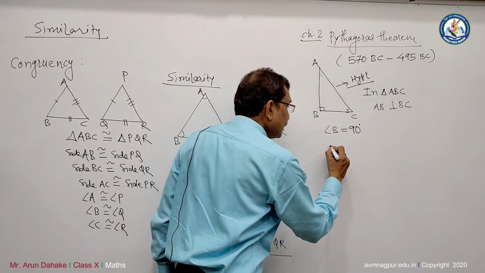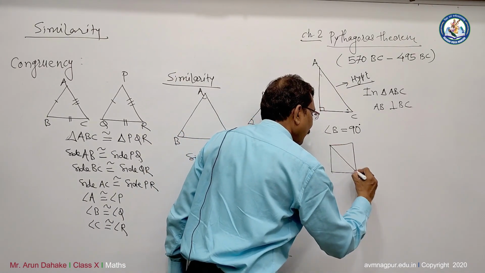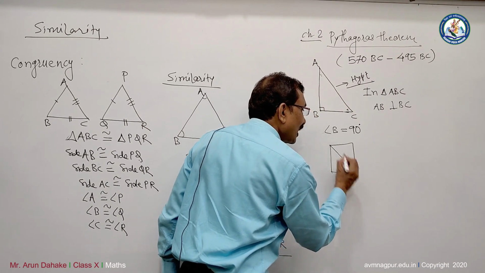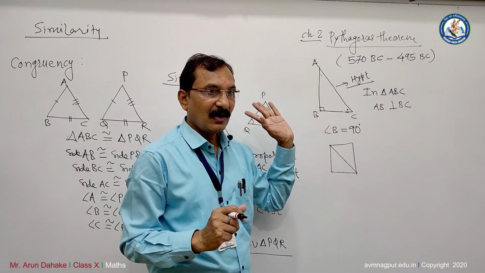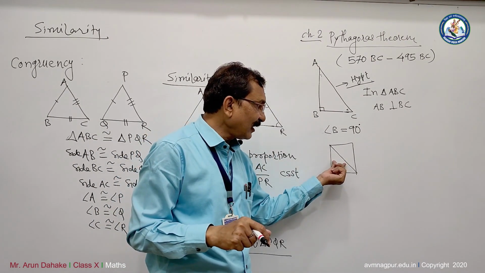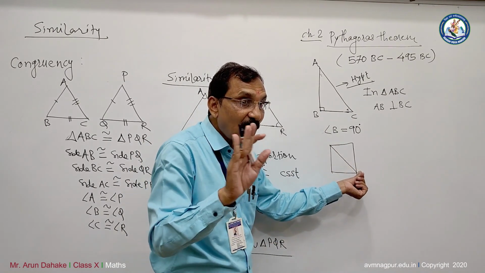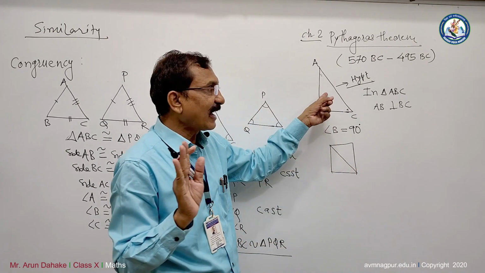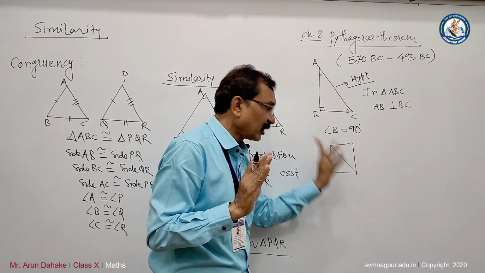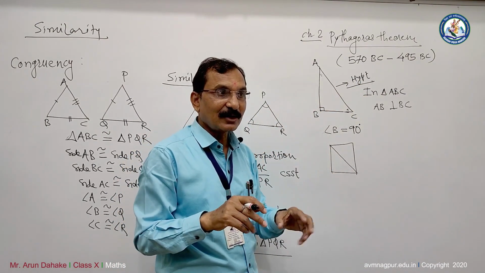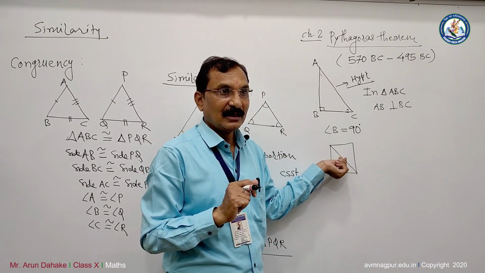But if you take a quadrilateral, this side is known as a diagonal. This is the difference between the diagonal and the hypotenuse. In a quadrilateral, there is a diagonal, no hypotenuse. But in a triangle, it is a hypotenuse.